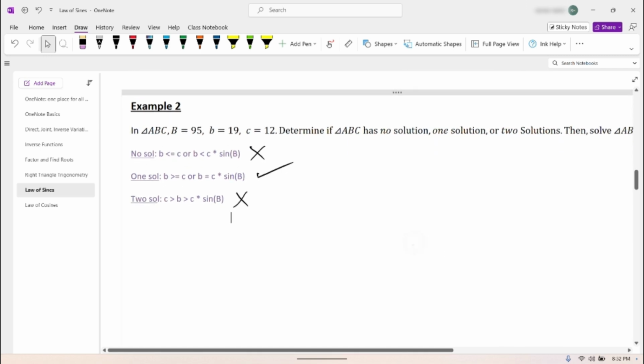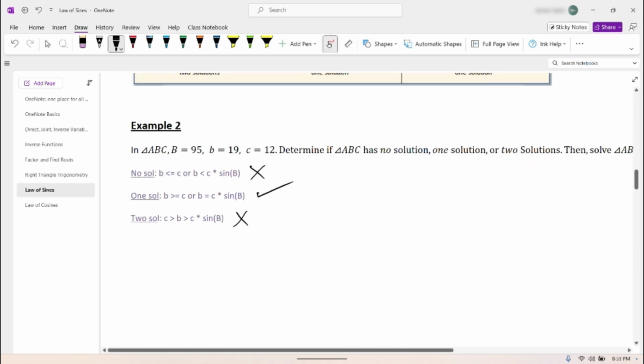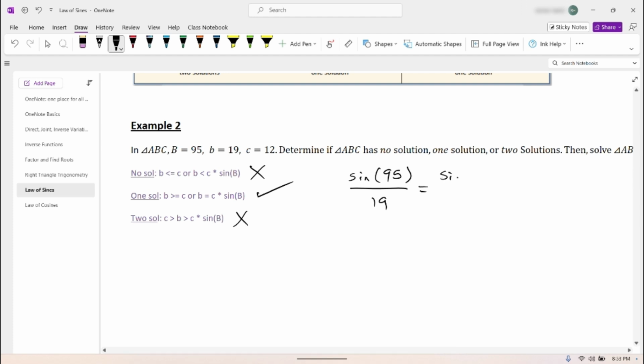So all we need to do now is solve our triangle, using the law of sines. Let's go back up. We have sine of 95 over 19 equals sine of C over 12. That's the information that we know.